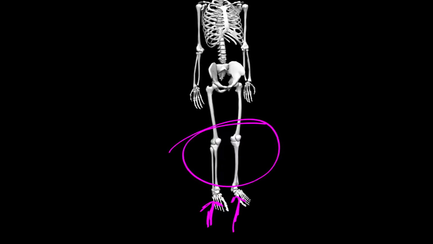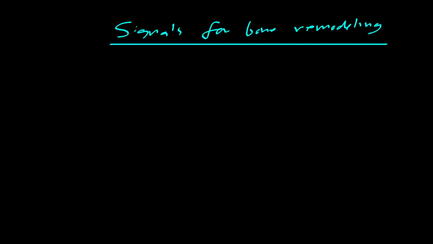Now, there's one other thing that I want to talk about, which is the signals. Well, actually, there's two more things I want to talk about, but the first of which is signals for bone remodeling. So this is what are the things that make your body realize that its bones are not strong enough?